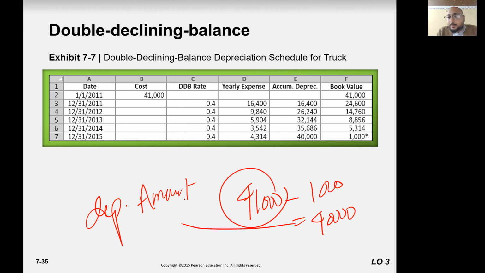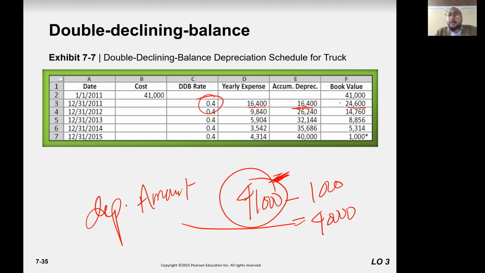We use the purchased amount, right? So what is the first year depreciation? The purchased amount, or cost of the asset, multiplied by 40%. The answer is 16,400. Right? So 41,000 minus 16,400. The answer is 24,600.